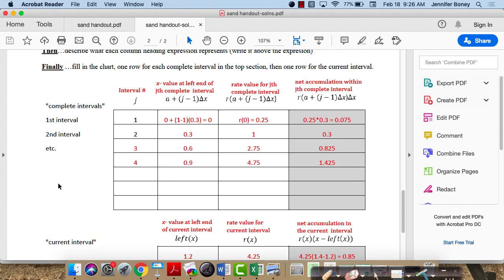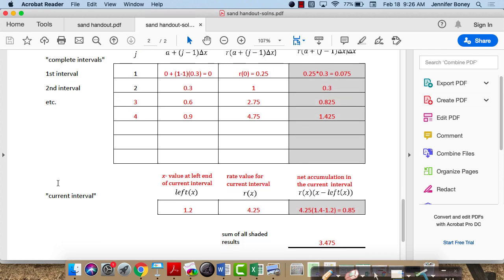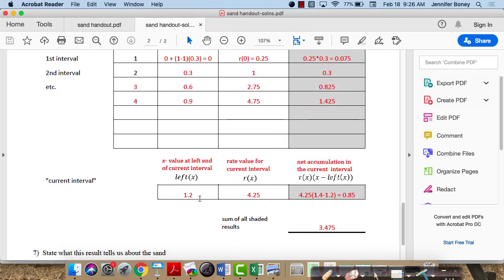So we've got those 4, and then the current interval, the one that x is in the middle of, that's only 0.2 units long, x minus left of x, 1.4 minus 1.2, otherwise known as 0.2, the amount of time we use that last rate for.